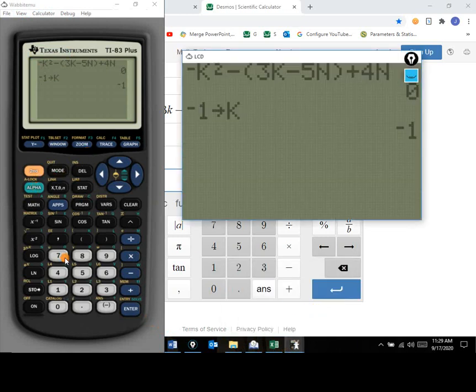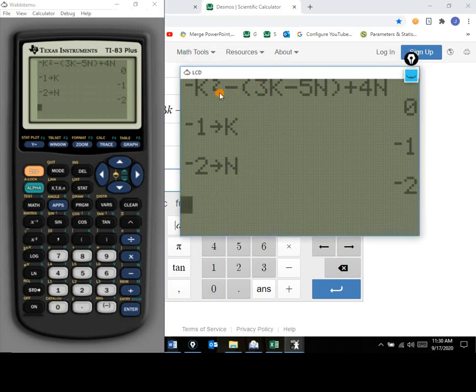Now I'm going to hit -2, then STO, and store that as N. So this was my original problem, and Desmos automatically, whenever it saw this, would go back up here and reevaluate. The TI-83 doesn't do it that way.